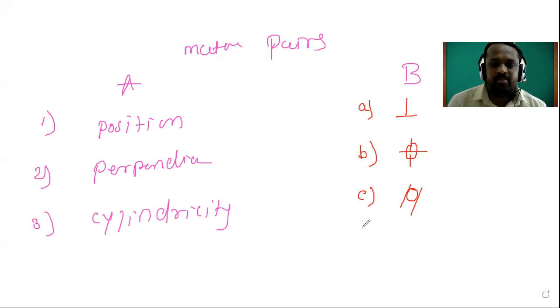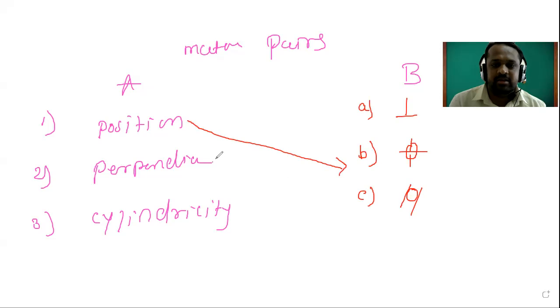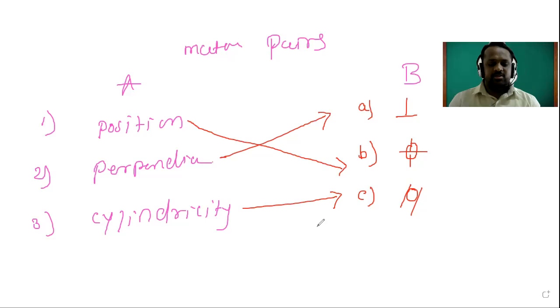Then tell me, for the position, what is the symbol? B. B is correct. Then for the perpendicularity, A. And for the cylindricity, C. Like this they will ask the question. So, understood? Yes, sir.